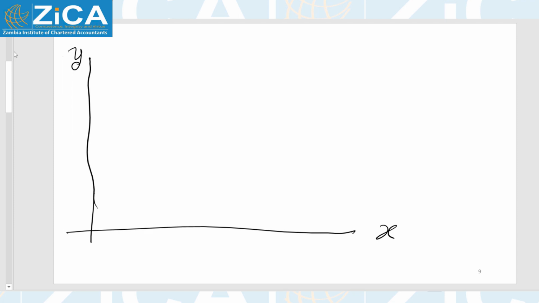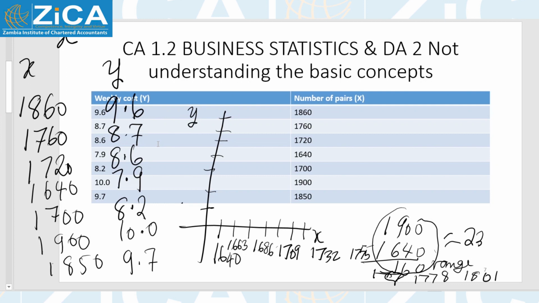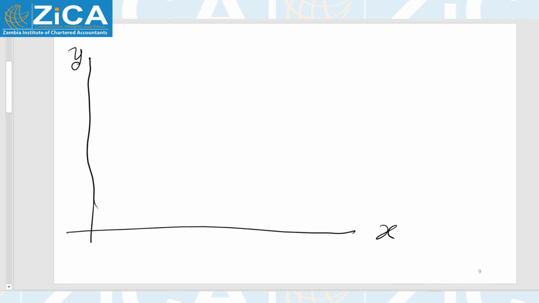So in this scale, if you remember the numbers, we can start with the smallest number, which is 1640. For the scale to capture even the maximum number, the 23 which we have there is just a minimum number.